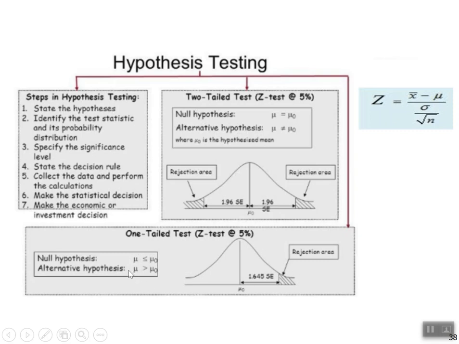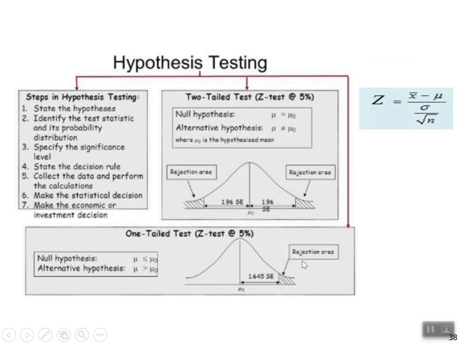So here, our null hypothesis is that the sample mean is smaller than the population mean. Our alternative hypothesis then is the opposite of the null hypothesis, right? So the opposite is the sample mean is actually greater than the population mean. In this case, we only care about the positive side.